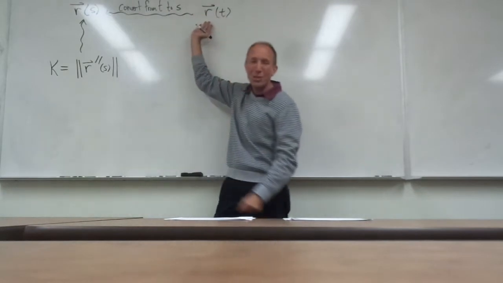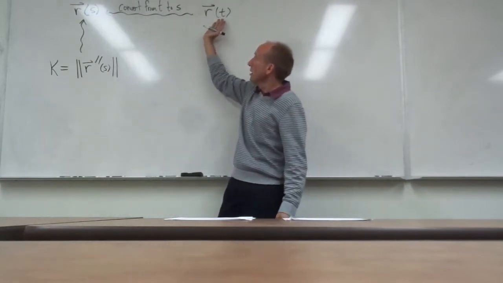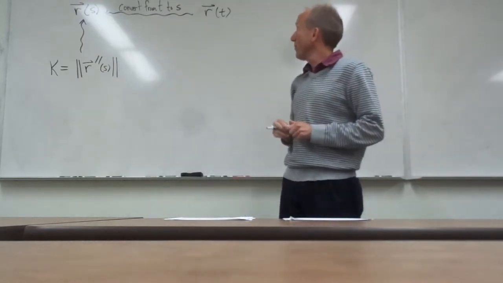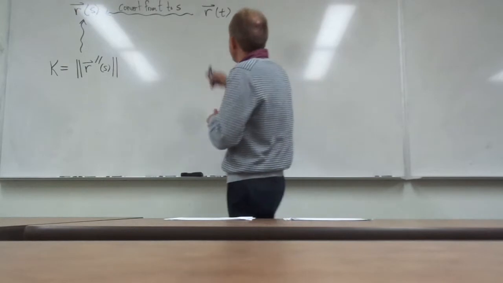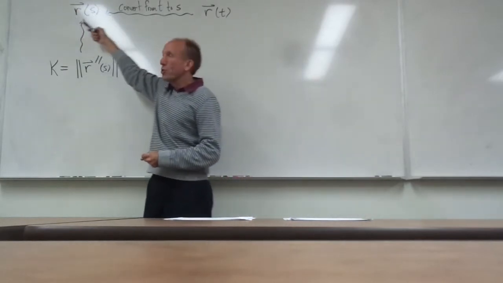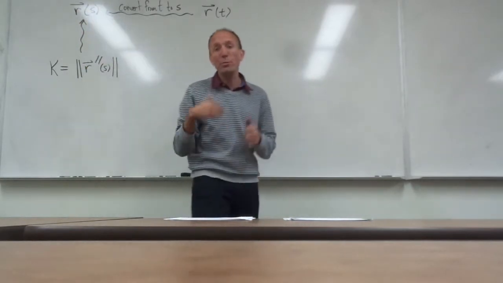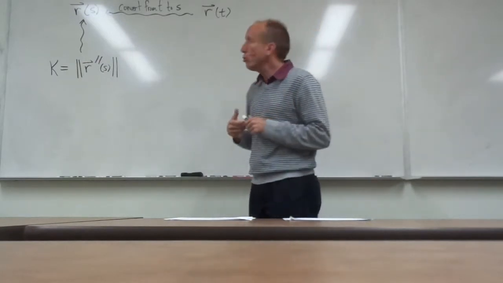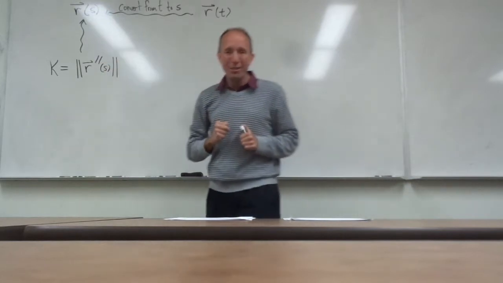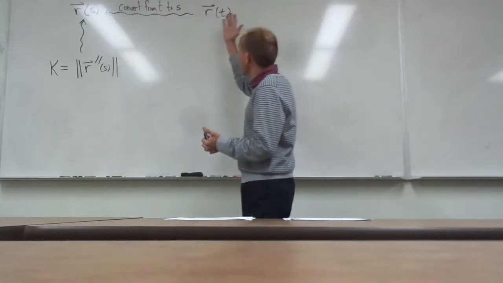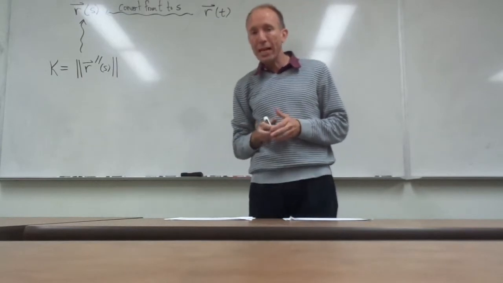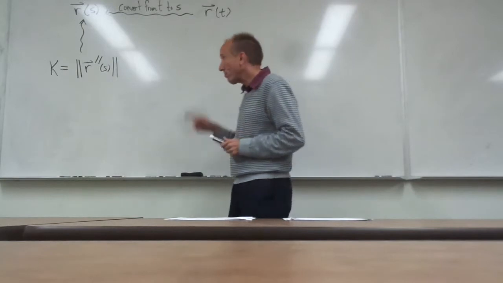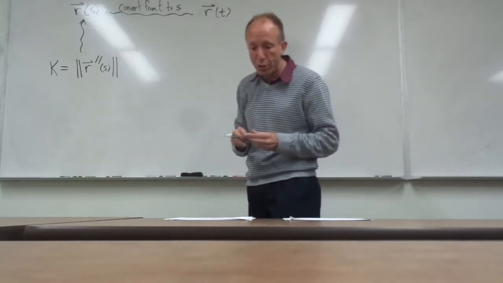We could take our position function in terms of t, write down what the arc length s is in terms of t, and then use that to replace our function so that we have a position function in terms of s. But the question might come up, could you come up with a curvature formula that comes directly from the r of t side so that you don't have to go through this conversion? Turns out that there is such a formula.